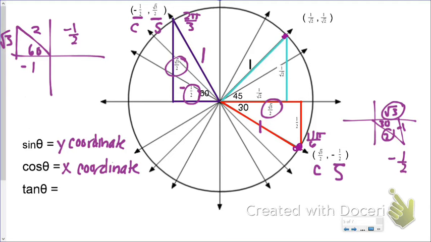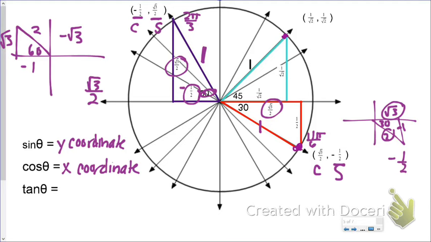So I want to go back to my 120 degree triangle. If I were to find my tangent ratio, opposite over adjacent, that would be a negative root 3. So I need to see how that corresponds to my two values. And what I can do is think about how I would solve that triangle when I had 1 as a hypotenuse. So from looking at this, my opposite is root 3 over 2, and my adjacent is 1/2.